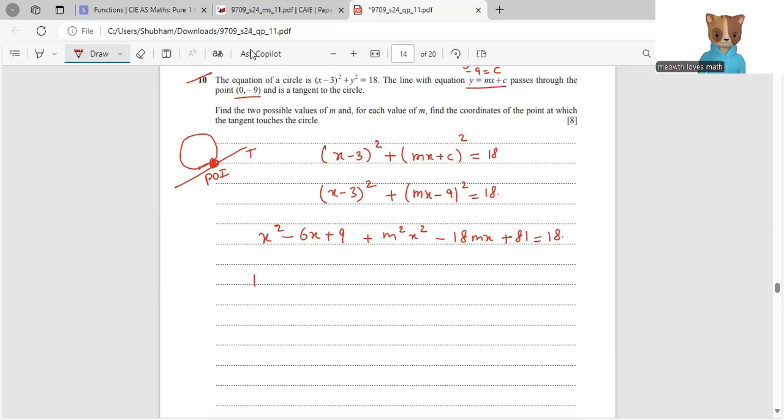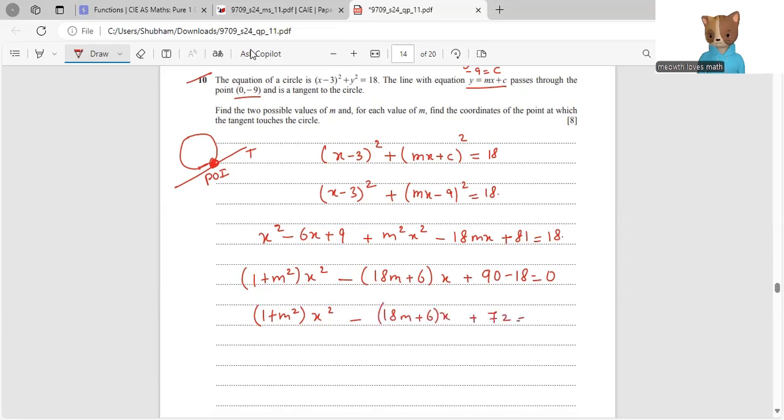Now, taking the like terms together, we get 1 m square x square, then minus 18m plus 6x, and then plus 90 minus 18 equal to 0. So rearranging this, (1 + m square)x square minus (18m + 6)x plus 72 equal to 0.